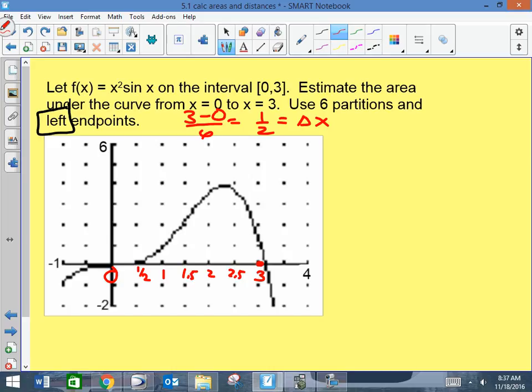But this time we're doing left. So we're going to start with our vertical lines, and we're going to start with the left. So here's my left, left, left, left, left, left.